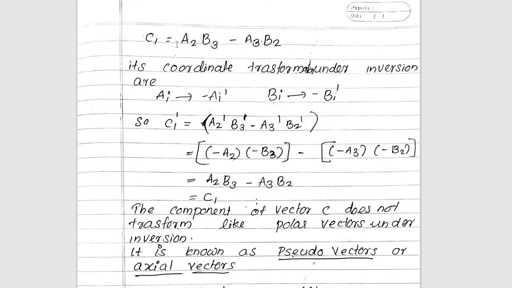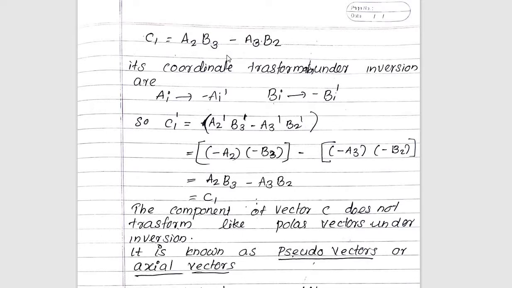C1 transforms like this: the Y component of A times the Z component of B, minus the Z component of A times the Y component of B. That is, C1 is equal to A2 B3 minus A3 B2.